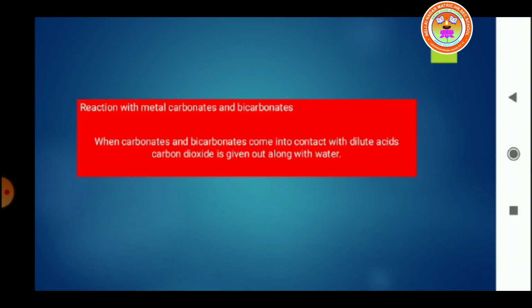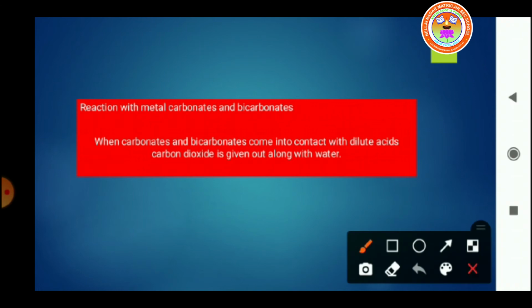Shall I move on to the next chemical property of acids? That is the second one. The chemical property is reaction with metal carbonates and bicarbonates. See here. When carbonates and bicarbonates come in contact with dilute acids, carbon dioxide is given out along with water.